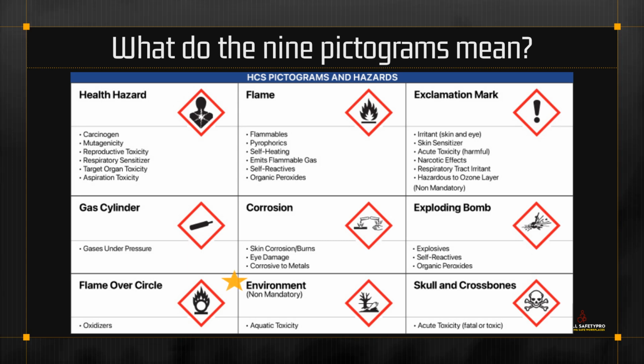Aquatic toxicity pictogram represents substances that are harmful to aquatic life with long-lasting effects on water ecosystems. Acute toxicity pictogram indicates a chemical that is acutely toxic and can cause death or severe injury if swallowed, inhaled, or absorbed through the skin. Examples include mercury and chlorine gas.